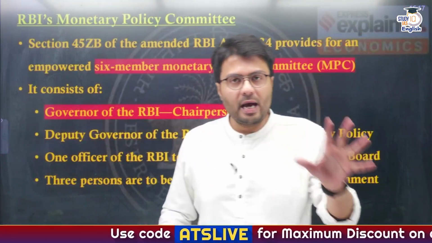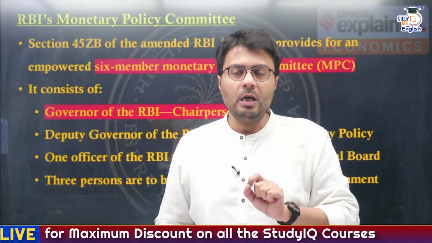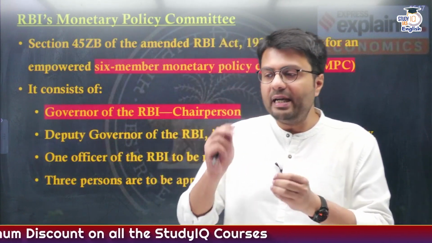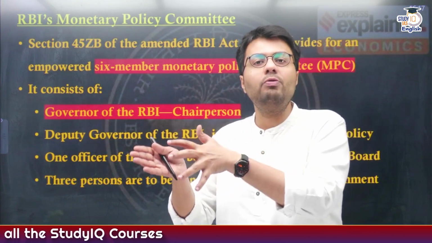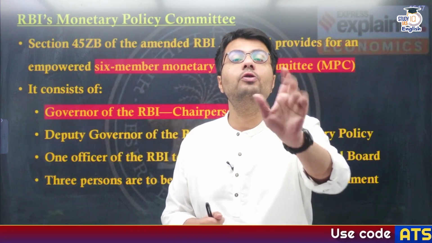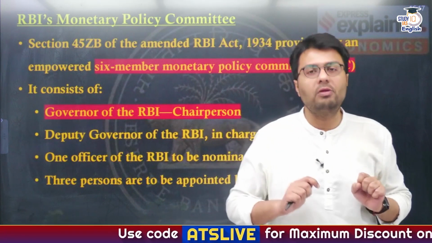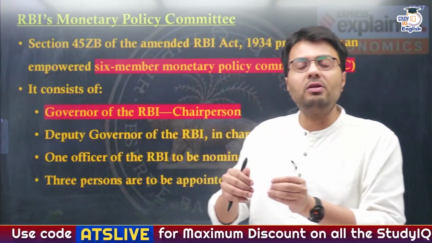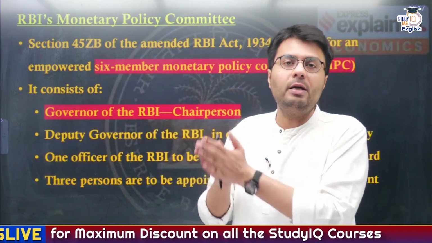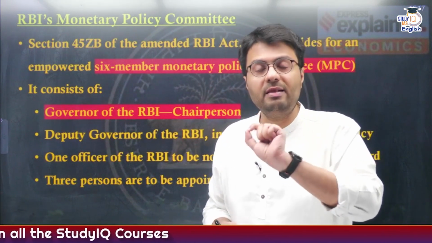Now, first let us start our today's discussion by understanding the Monetary Policy Committee. The responsibility of deciding whether to increase or reduce the policy rate or repo rate is given to the Monetary Policy Committee. Earlier, it was only the RBI governor who used to make this decision. But now, there is a 6-member Monetary Policy Committee formed as per the provisions of the RBI Act 1934.